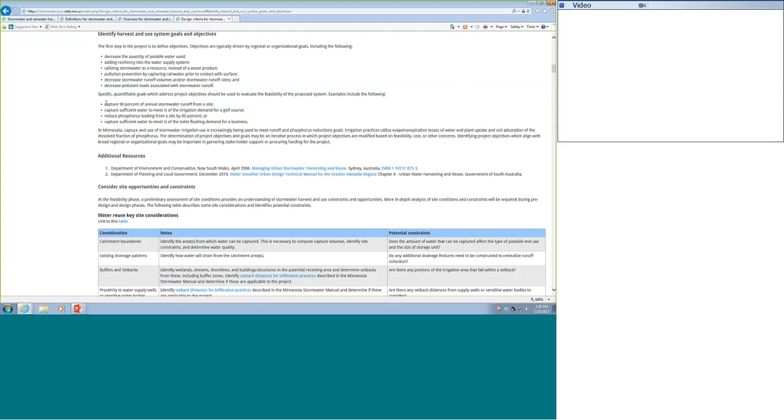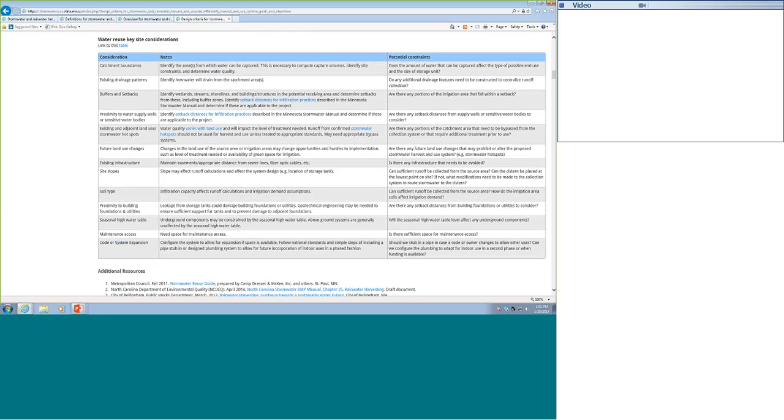I'm putting a lot of emphasis here because, as you see later on, you have to know what your goal is in order to design your system. So starting out knowing, I want to capture 90% of the stormwater runoff from a site. That will help you determine how you size your system and design it. Maybe we want to reduce phosphorus loading by 80%, or use it to meet half of a building's toilet flushing demands. So that's a key step.